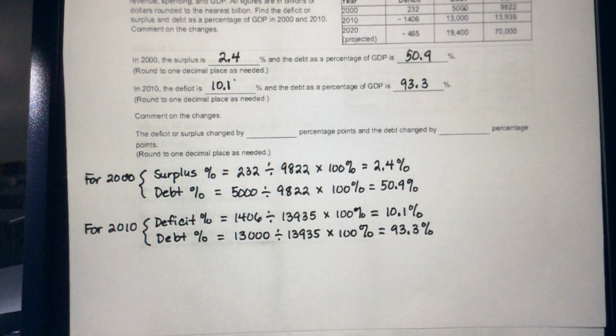Okay, now let's comment on the changes here. The deficit or surplus changed by blank percentage points, and the debt changed by blank percentage points. And we're going to round to one decimal place.